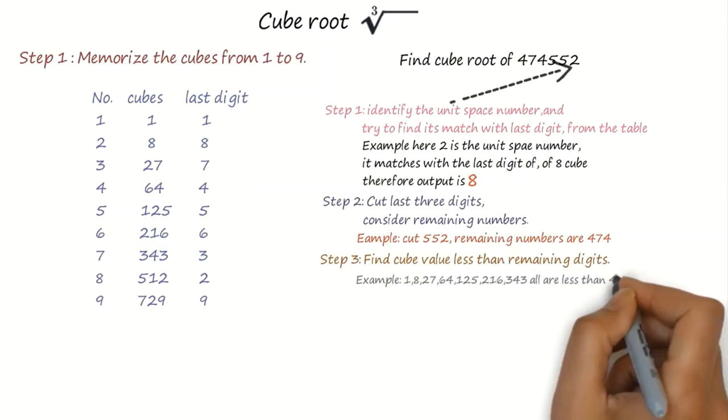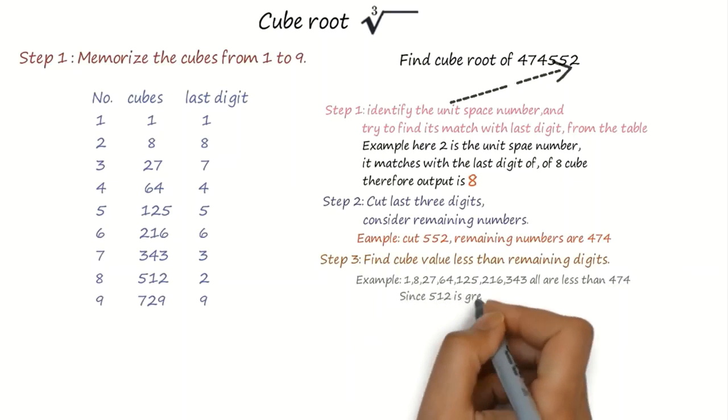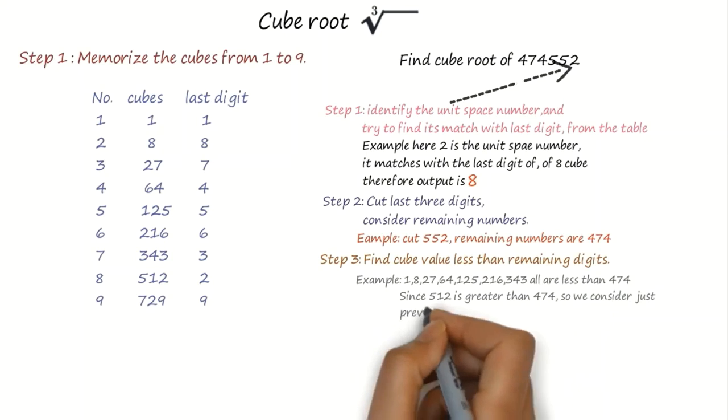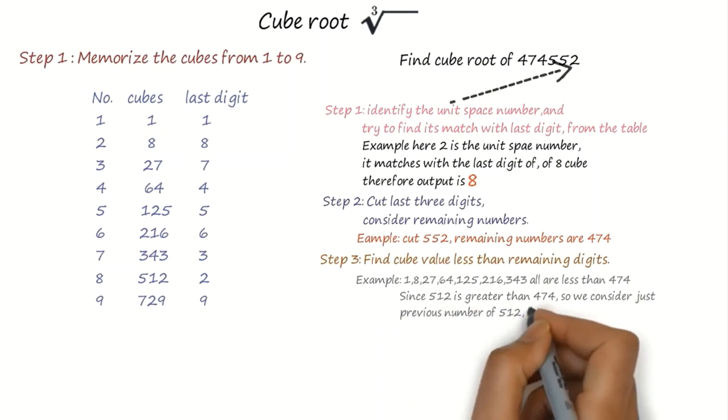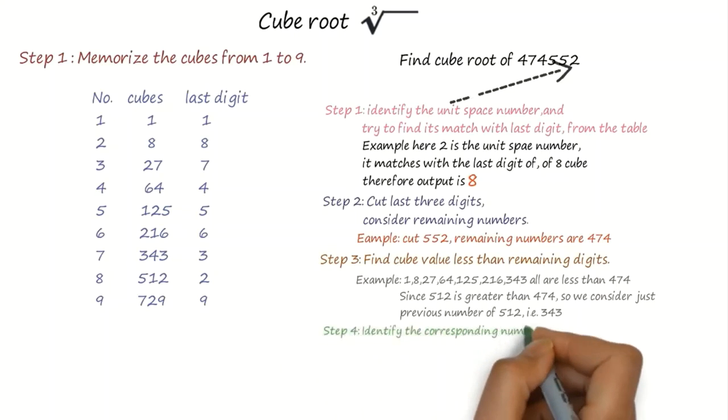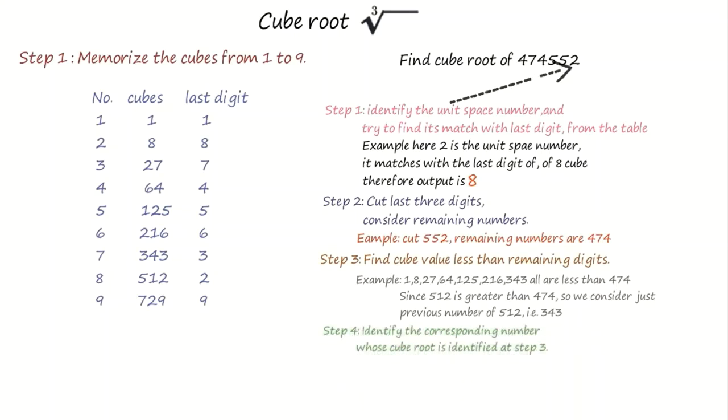As the next cube value is 512, which is greater than 474, we will consider the nearest lowest cube value, that is 343. And as 7 cube is 343, the answer of the 6-digit number will be 78. That is, 78 is the cube root of 474552.